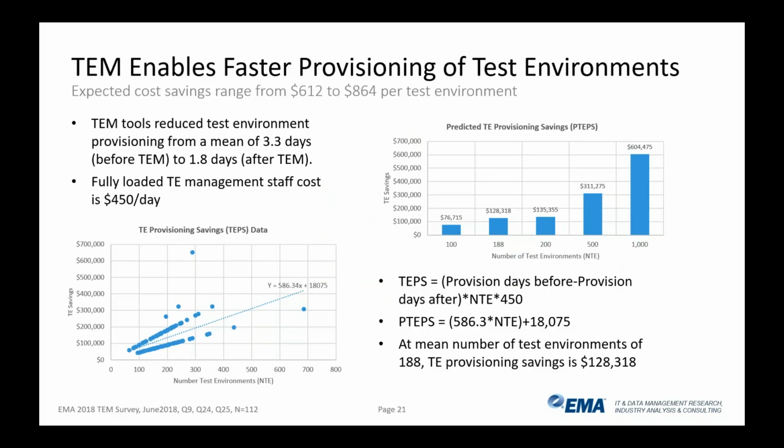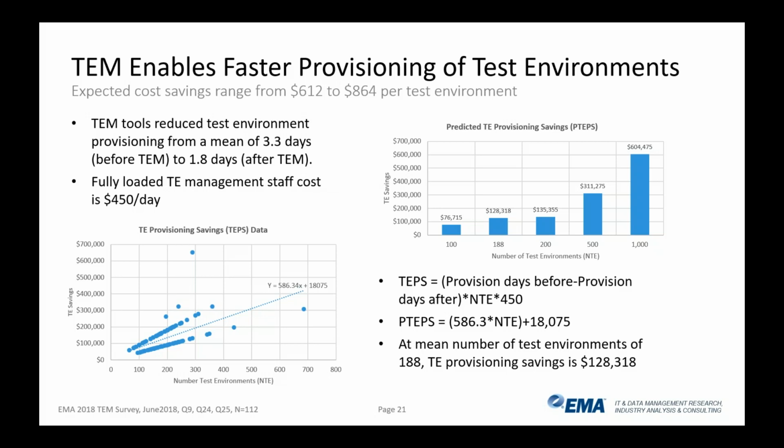Okay. So the first cost savings model was built around the faster provisioning of test environments. TEM tools clearly reduce the time it takes to provision a test environment. In the survey, it did so from a mean of 3.3 days down to just 1.8 days. That was a pretty significant reduction in time.